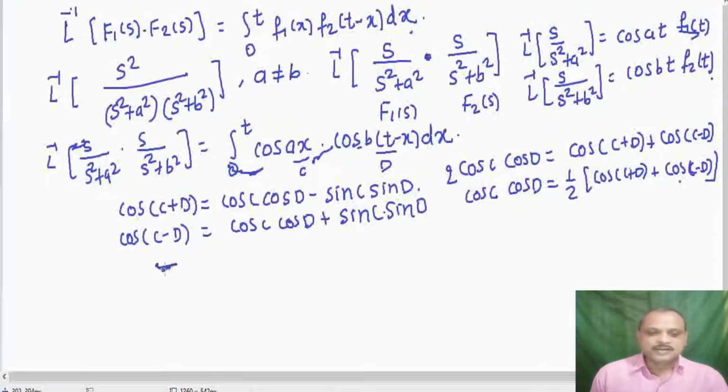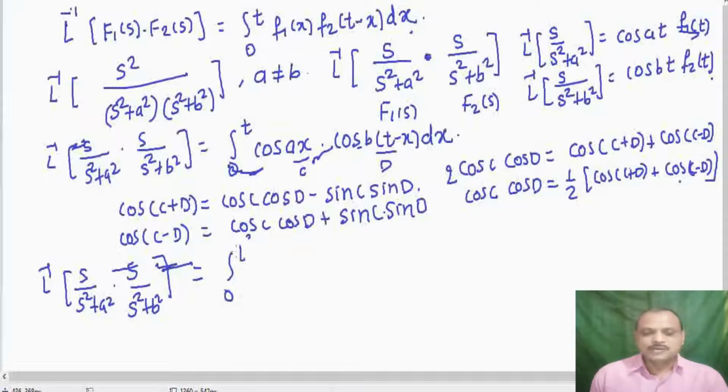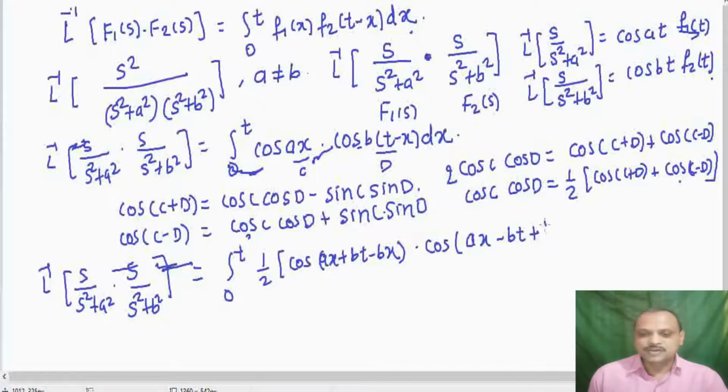Therefore we write that L inverse of s divided by s square plus a square into s divided by s square plus b square equals the integral from 0 to t of 1 by 2 into cos of (ax plus bt minus bx) plus cos of (ax minus bt plus bx) dx. Here it is a plus.